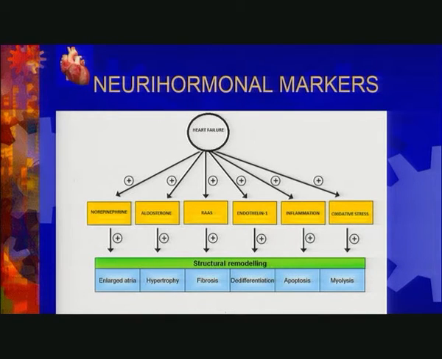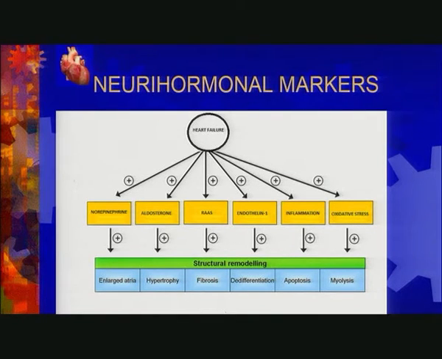The effect of these neurohormones will be, of course, not only increasing heart rate and vasoconstriction and other things that we know, in order to improve the cardiac output and perfusion, but they also damage the cardiomyocytes and have a trophic effect on cells in the interstitium.